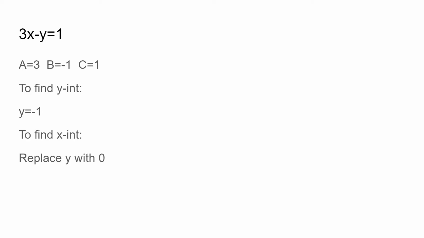And to find the x-intercept, we replace y with 0, so we get 3x minus 0 is equal to 1. And after we divide by 3, we get that the x-intercept is at x equals 1/3.